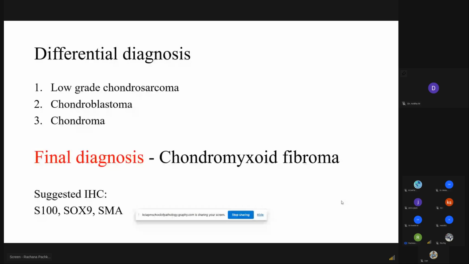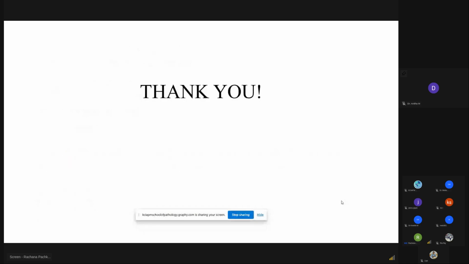My differential diagnosis for this case is low-grade chondrosarcoma, chondroblastoma, chondroma, and chondromyxoid fibroma. My final diagnosis is chondromyxoid fibroma. Suggested IHCs: S100, SOX9, and SMA. Thank you.